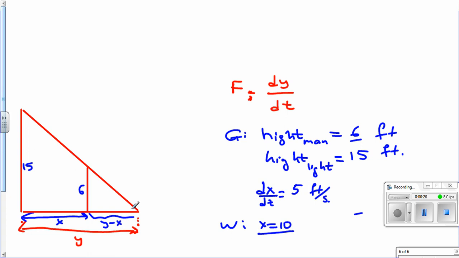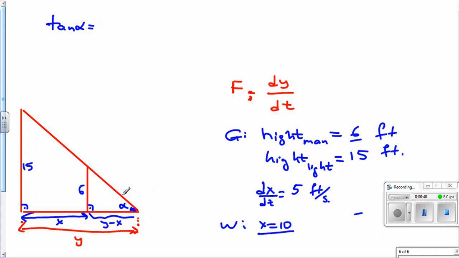If this is alpha, let's try to understand tangent alpha for the small triangle. I have a right angle here. You don't have to calculate tangent alpha.